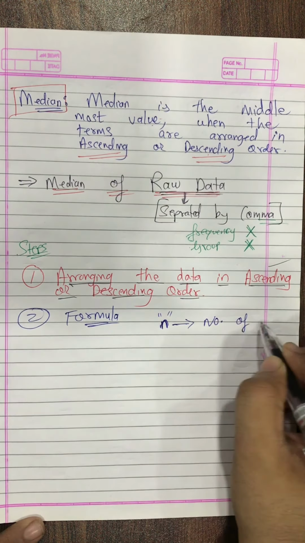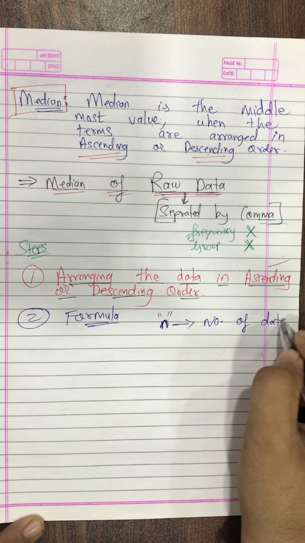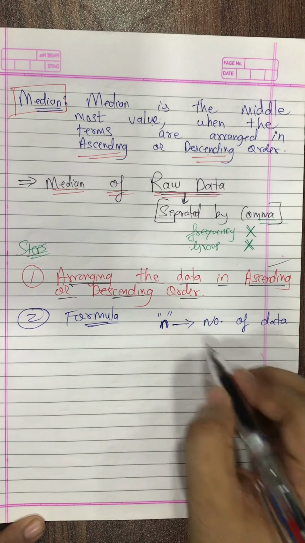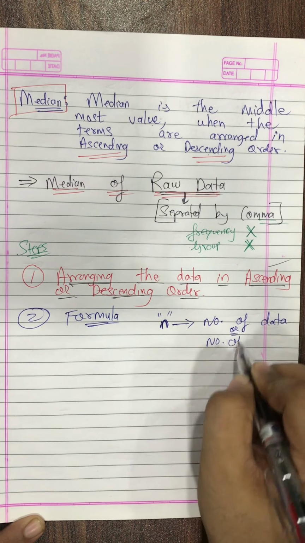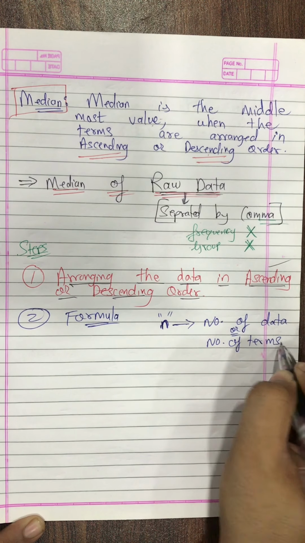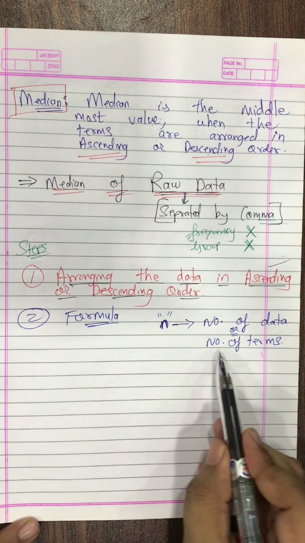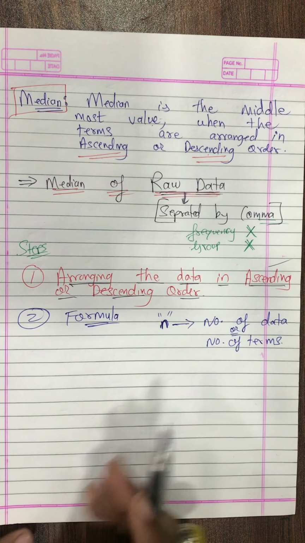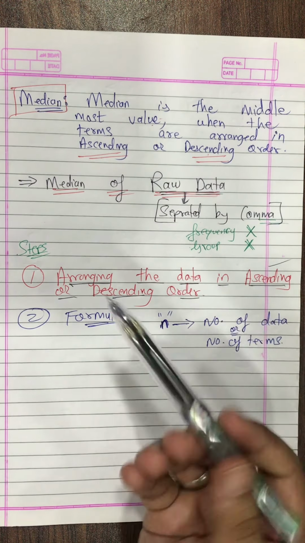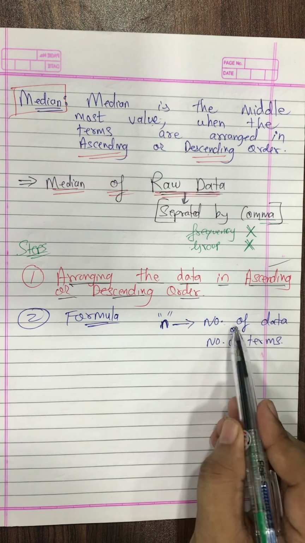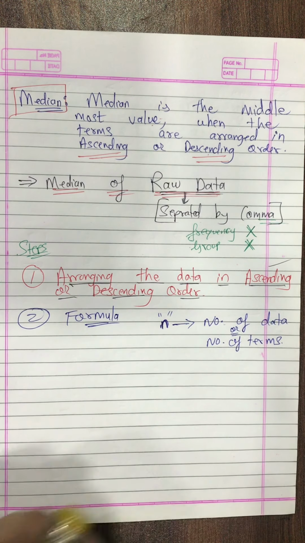Number of data, or in other words, number of terms given to you. In the given question, as I told you, the data will be separated by commas. So how many data or terms are given to you?